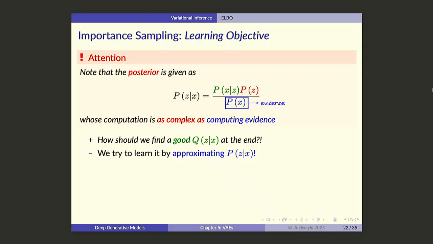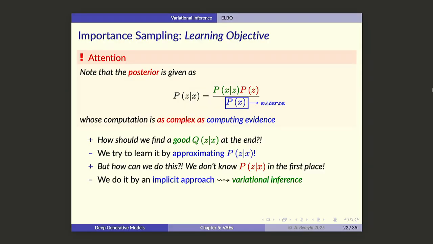Okay, so if you got no question, let's start with the main trick that the whole variational inference is about. The main trick here is that we are trying to somehow estimate this guy without knowing it explicitly. We don't have access to it, but we want to somehow estimate this one. Some of you might guess that we can do it to some extent.